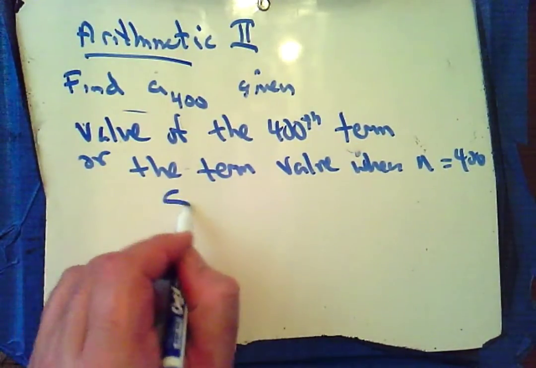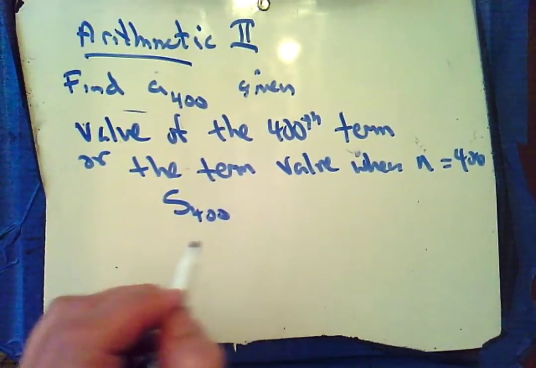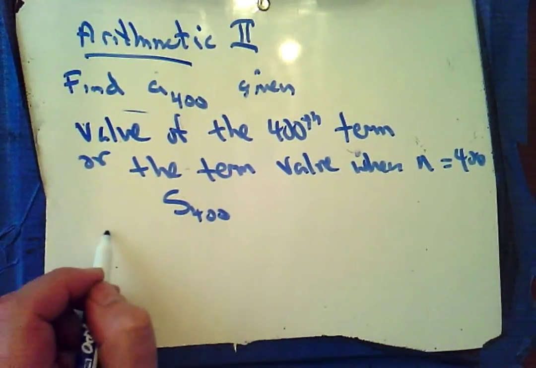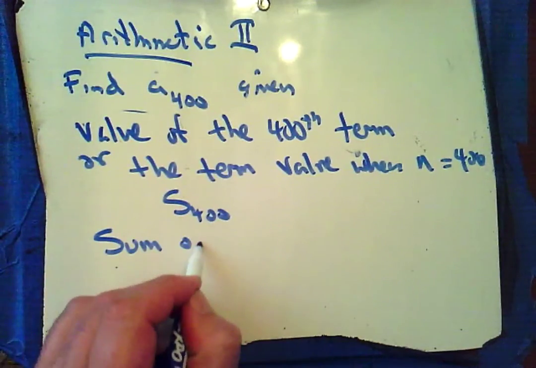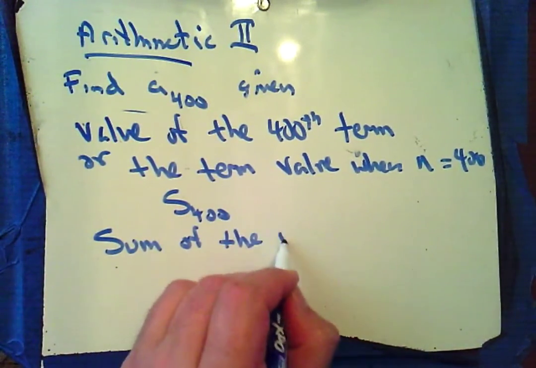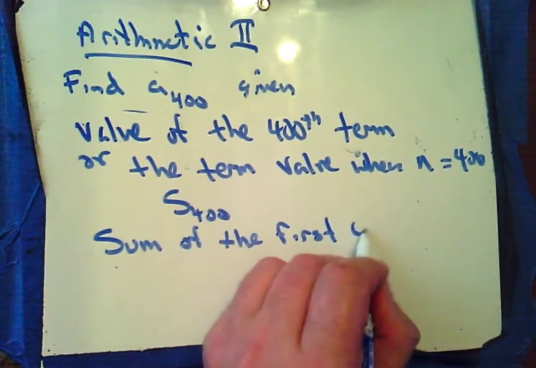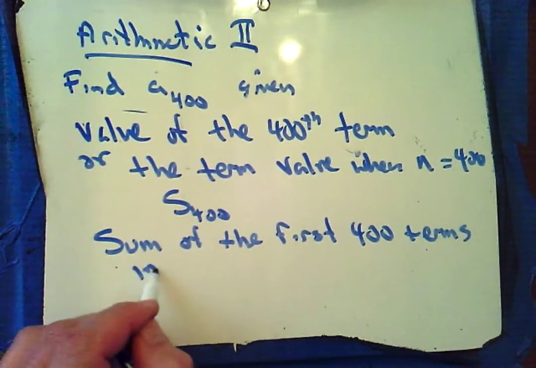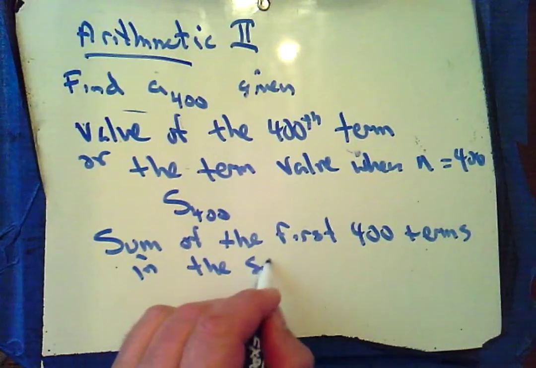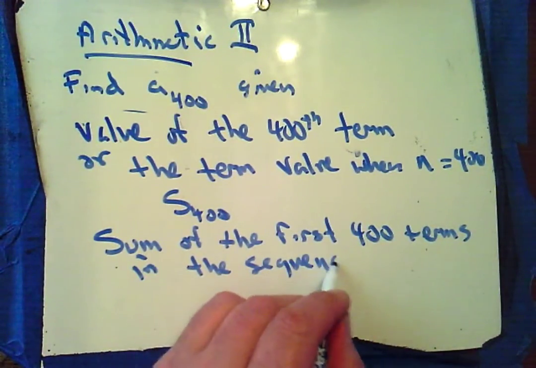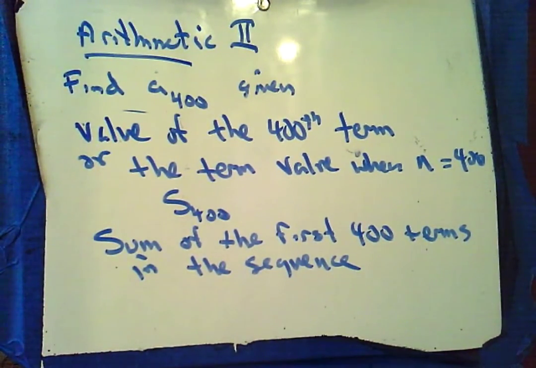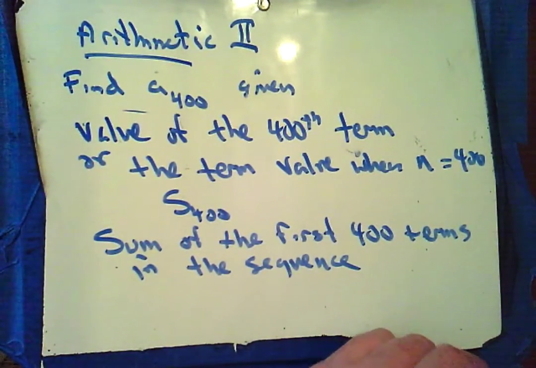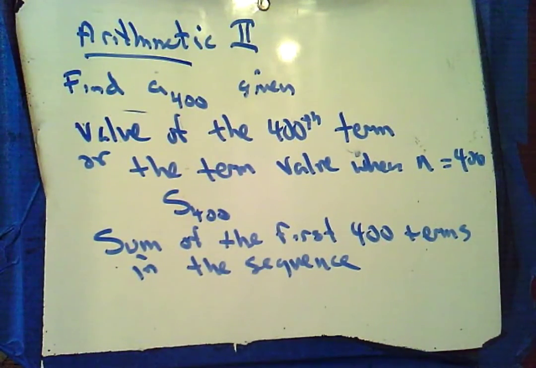But I want to look today at s sub 400, and that's going to be the sum of the first 400 terms in the sequence. So instead of just finding the first 400 terms, we want to now find them and add them all up. That's what we're going to be focused on today.